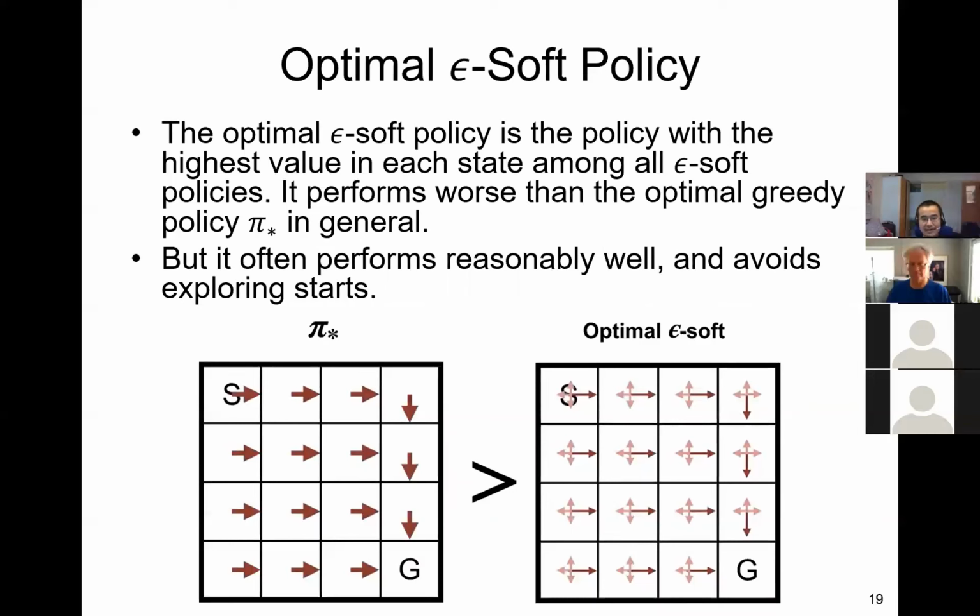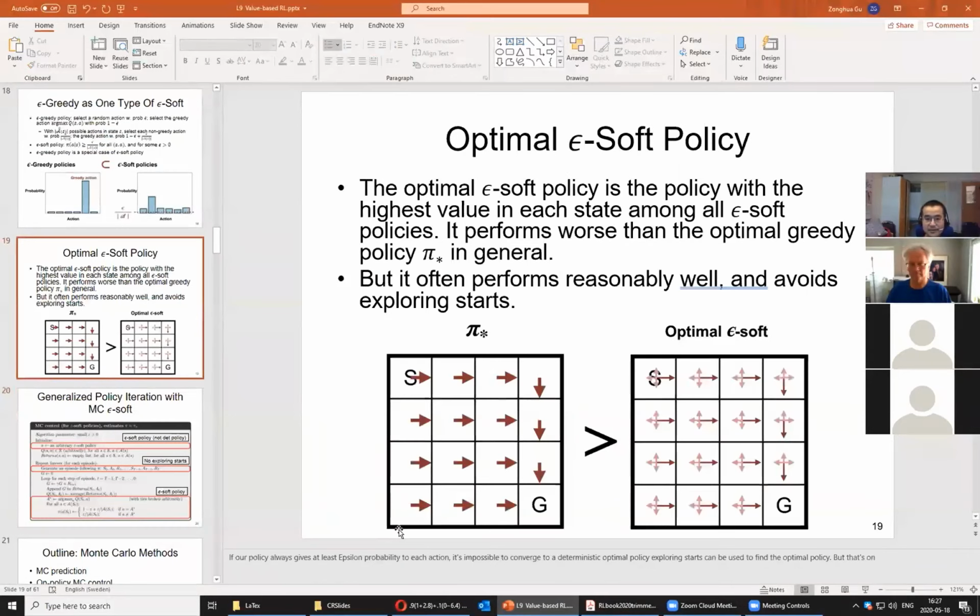If you add epsilon soft to it by having some exploration, the resulting policy is worse than the greedy, deterministic policy.